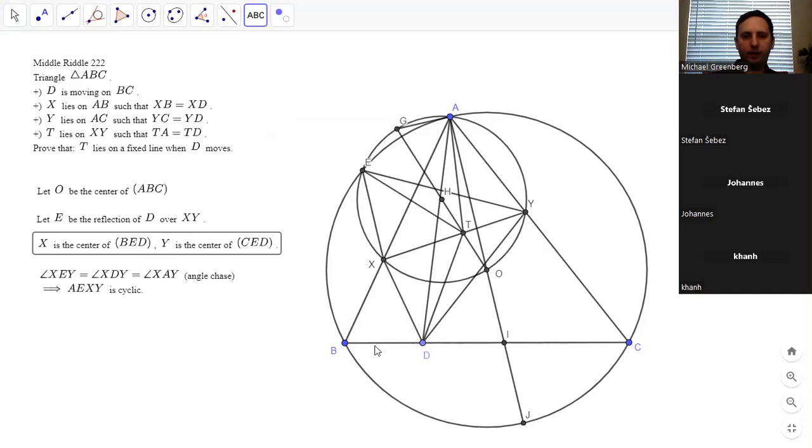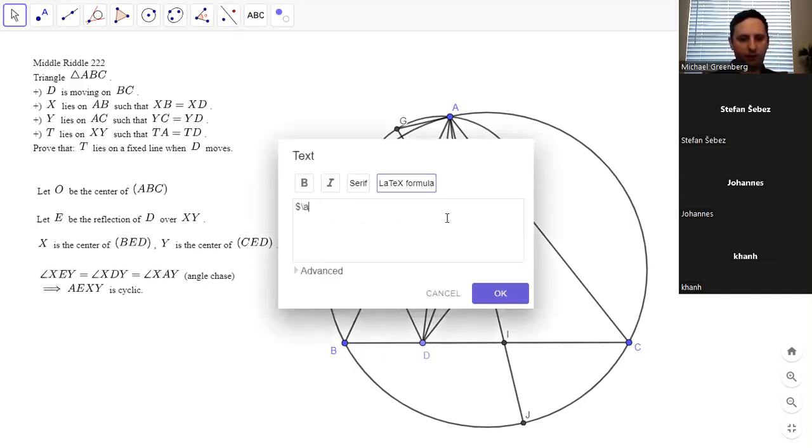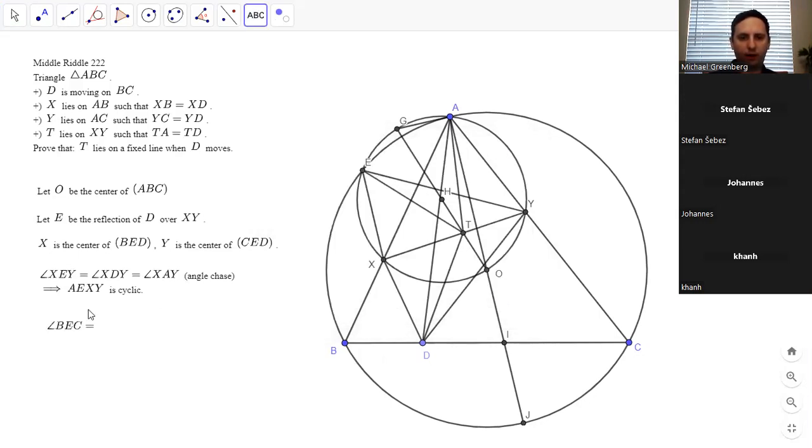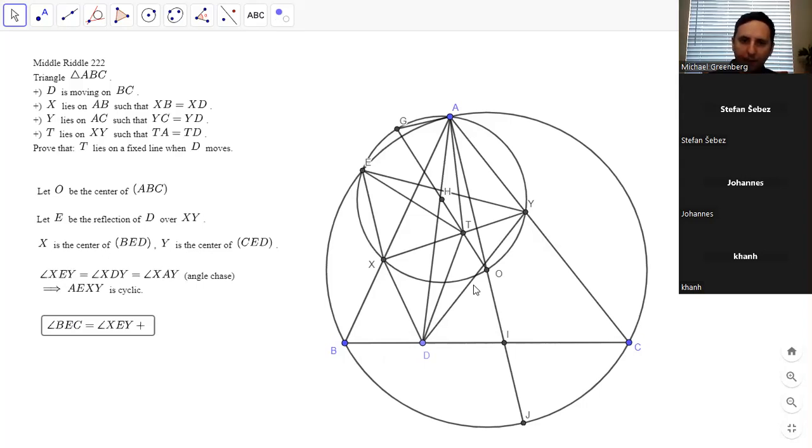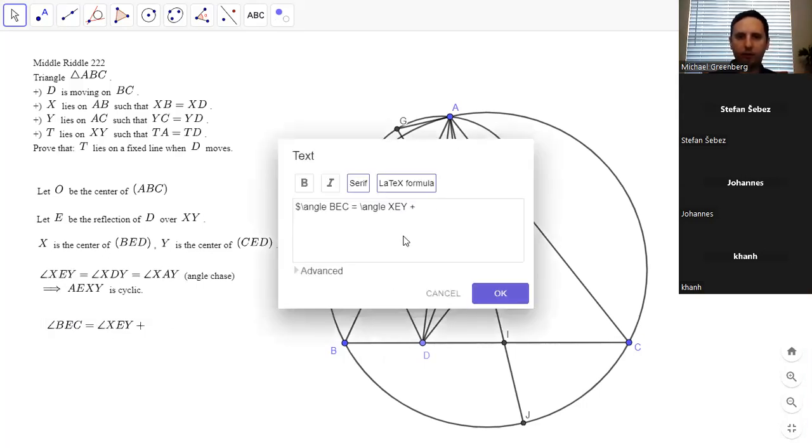But BEC is XEY plus BEX minus CEY. So angle BEC is equal to angle XEY plus angle BEX minus angle CEY.